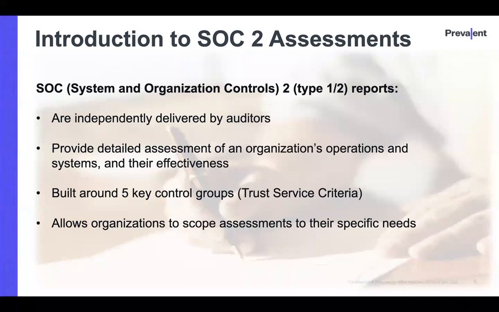And as we'll see, there are some control groups that organizations deem not applicable to the business, whether that's logically based on the nature of the product and service they're looking at, or whether there are other factors that drive the scope and ring fencing the scope of assessment.